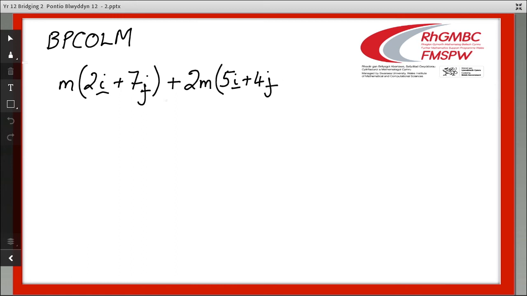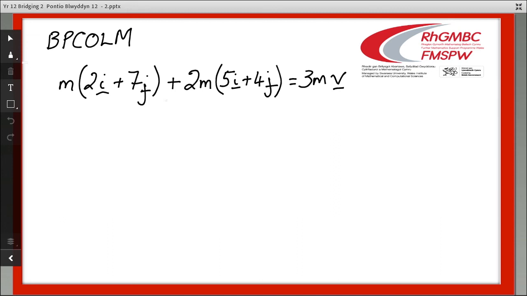And that is equal to the momentum afterwards, which is going to be 3m times v. There is only one particle, so I can just write it as a single letter.